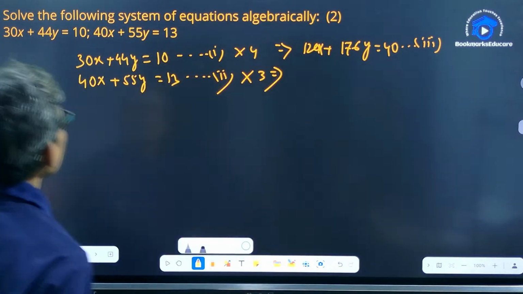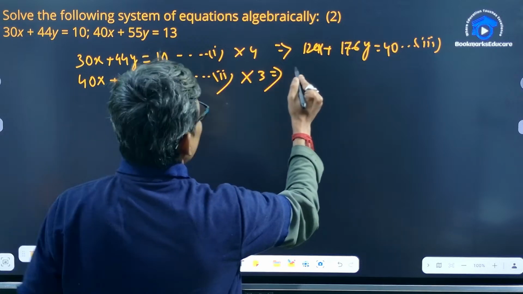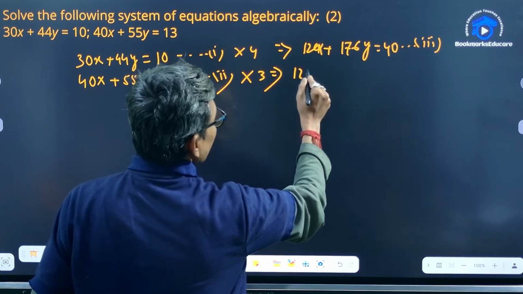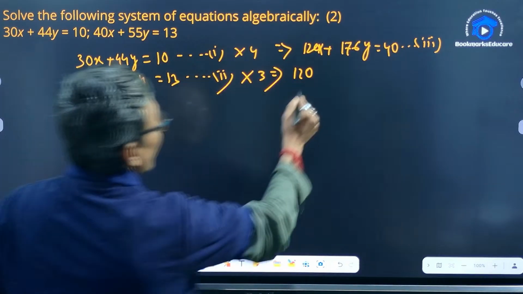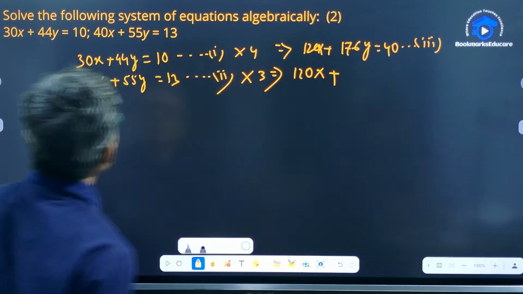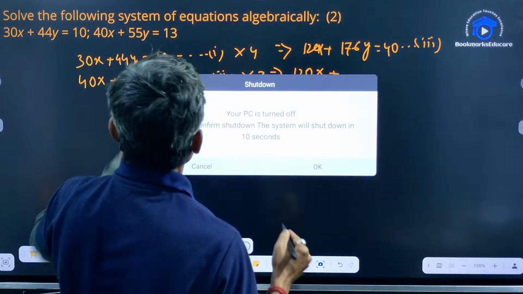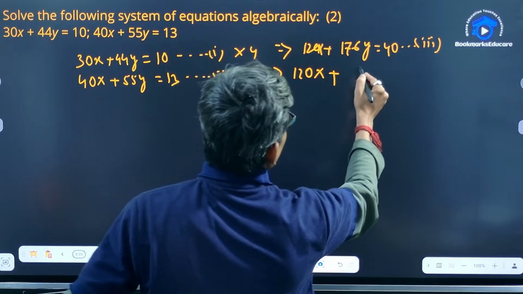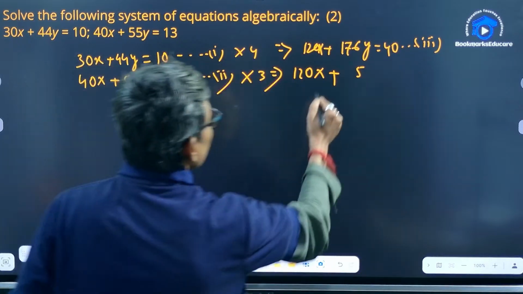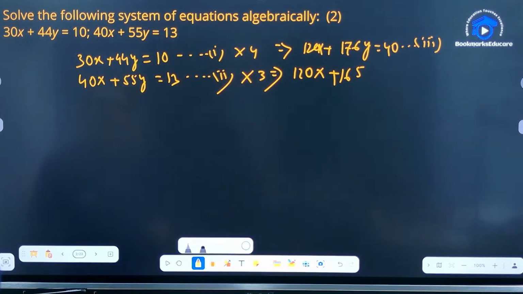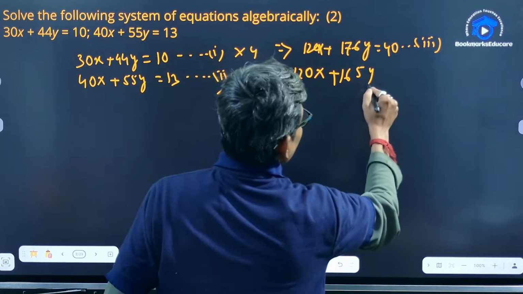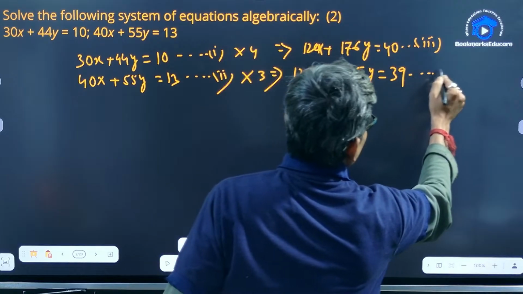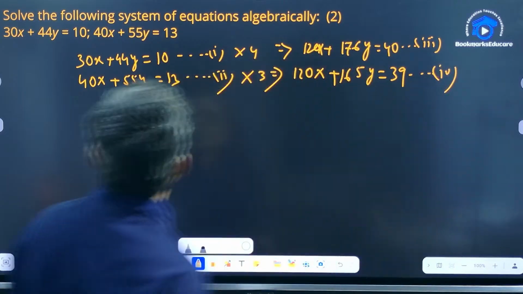And multiplying equation number 2 by 3, we get 120x plus 165y is equal to 39, equation number 4.